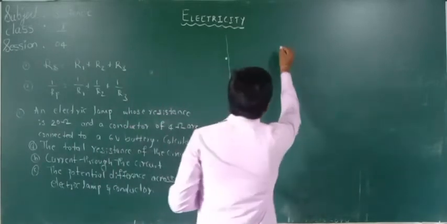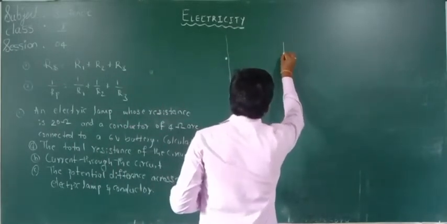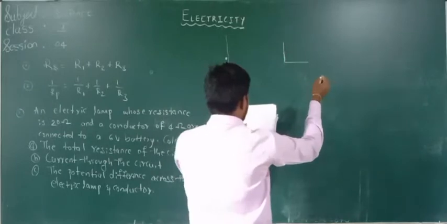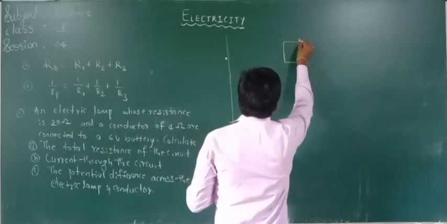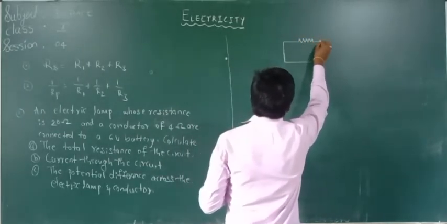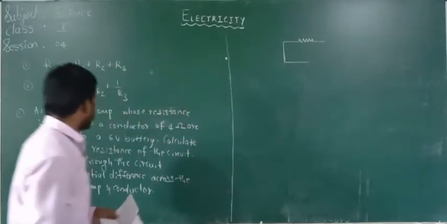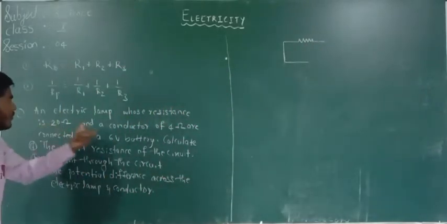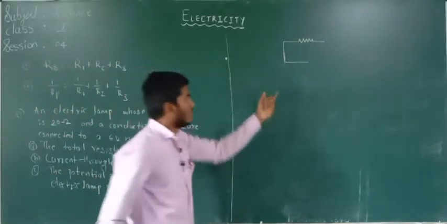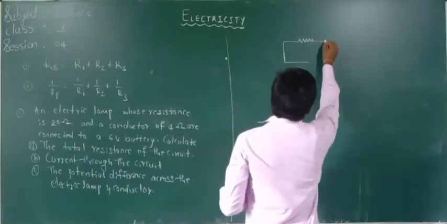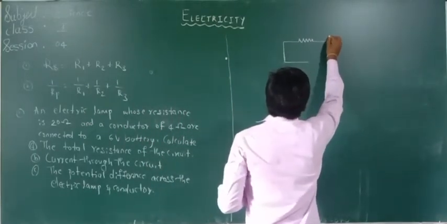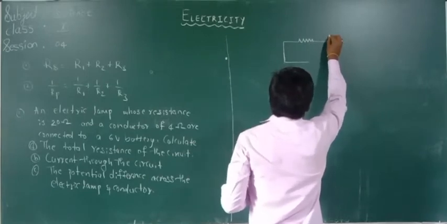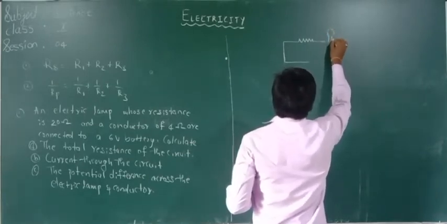See here. This is the conductor. I am taking some resistance here because they have given the resistance of the conductor, that is 4 ohm. That's why I am taking one resistor here, and this will be connected to one lamp.